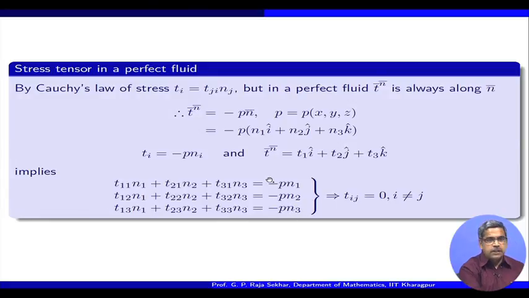So, this must be satisfied identically, but as you can see, on the right hand side you have only n1, n2, n3. Therefore, in order to have this identically satisfied, the corresponding off diagonal entries will be 0. So, when i is not equal to j, T_ij is 0.